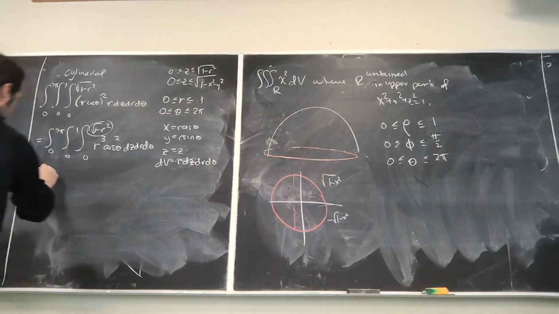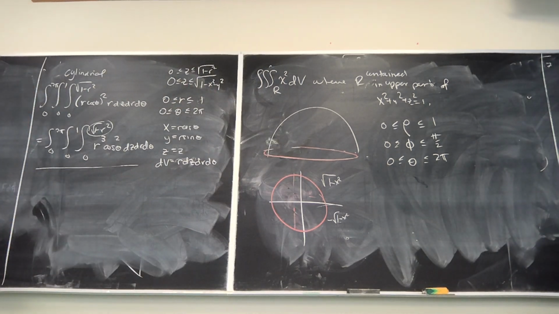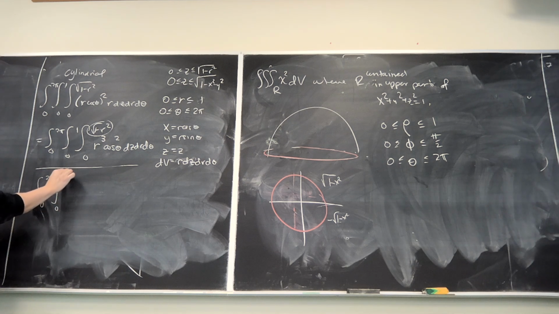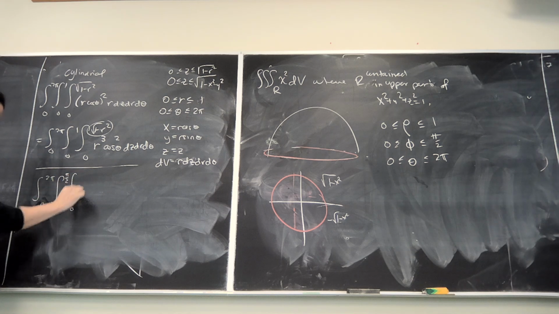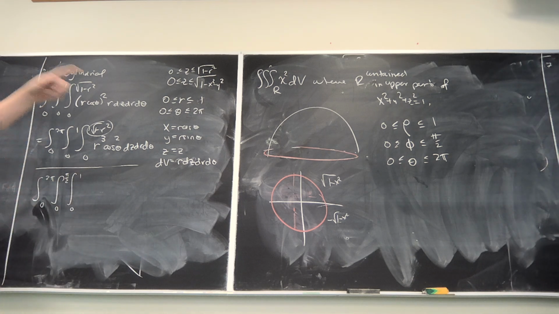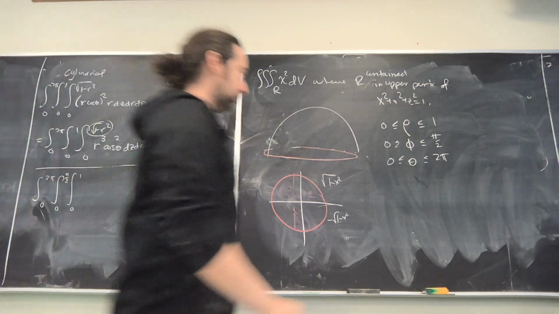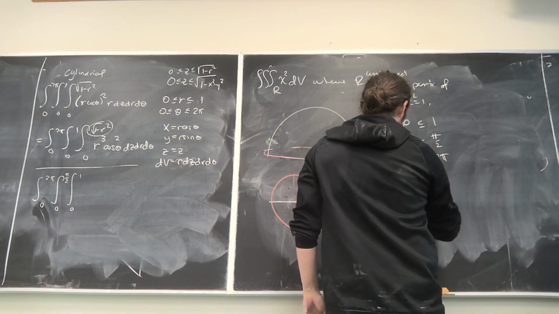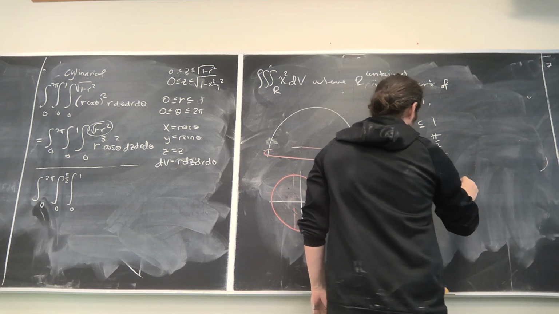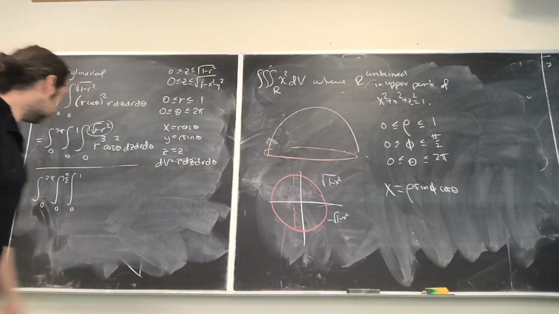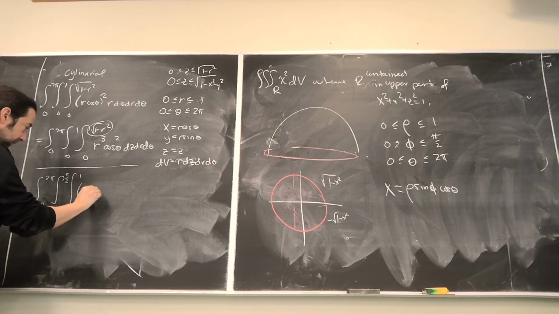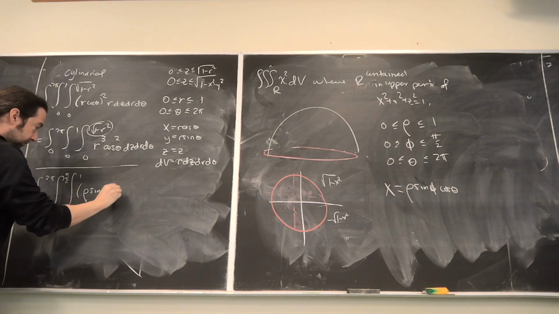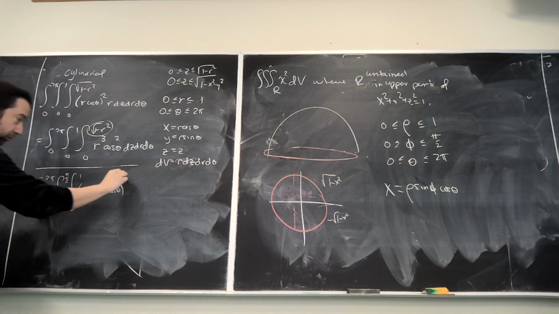So that means the third way to look at this integral might be the integral from 0 to 2 pi of the integral from 0 to pi over 2 of the integral from 0 to 1. Now it's kind of annoying that we have an x squared in the integral here because remember, x is equal to rho sine phi cosine theta. So we have rho sine phi cosine theta squared.